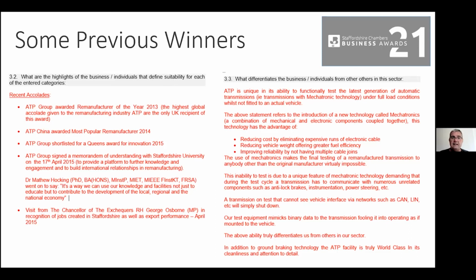So again, we've got some key, simple sentences and bullet points that clearly allow the judges, who probably don't have a detailed understanding of this sector, or perhaps not of this specific area of the sector, to clearly see the standout parts as ATP see them and make a clear judgment on whether they should be carried forward as a finalist. Suffice to say that all of these ones I'm showing you now were.